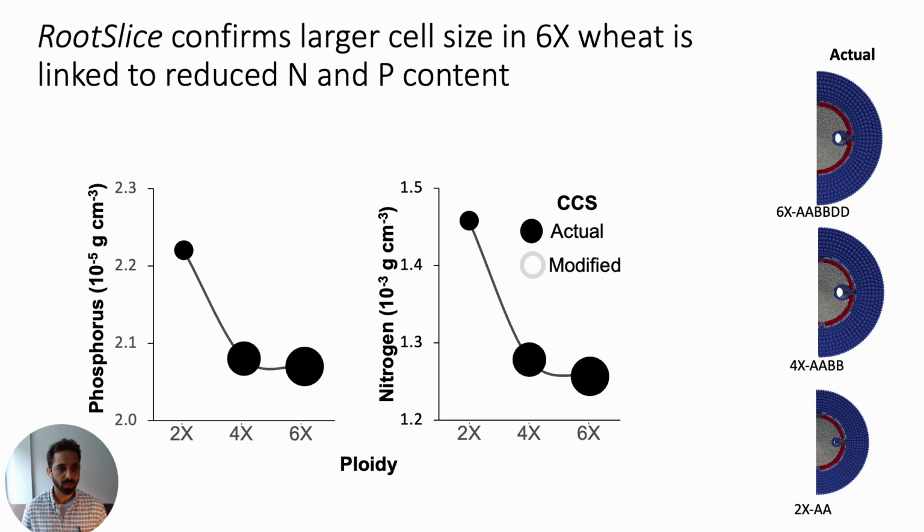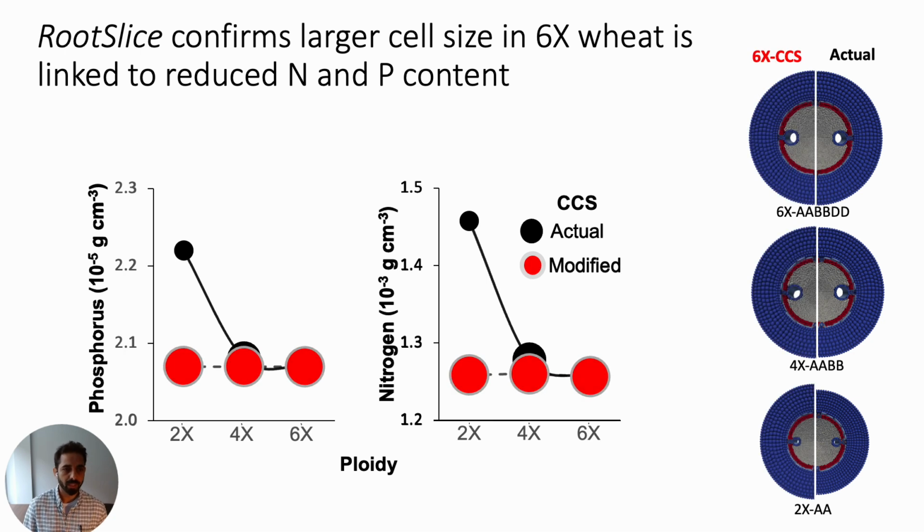With the actual phenotype, you see a reduction in nitrogen content and phosphorus content with increase in ploidy level. But when we switch the cell size of diploids and tetraploids to match the cell size of a hexaploid, that effect goes away, which clearly shows that cell size is the main factor that explains the reduction in phosphorus and nitrogen content.